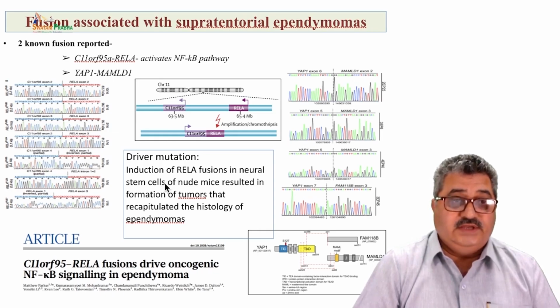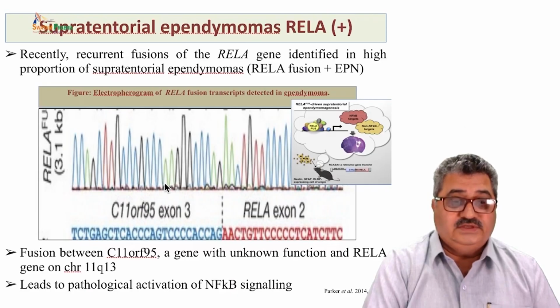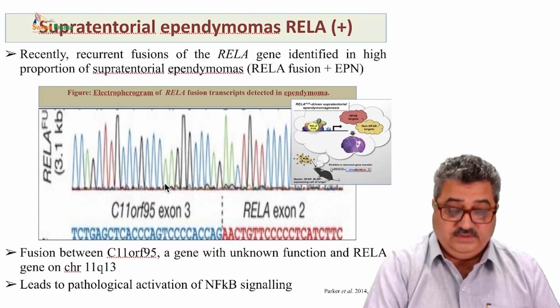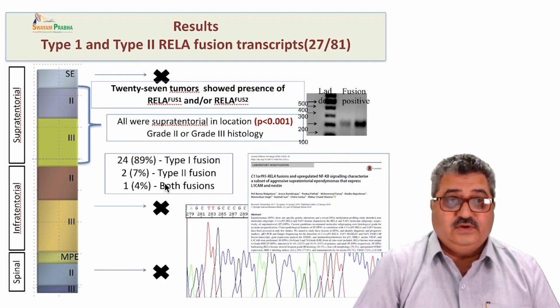The other was YAP1 fusions. So these are the two important groups, but later on it has been shown that the ORF, whose function was not known, is now well characterized, and its nomenclature is given to this gene.